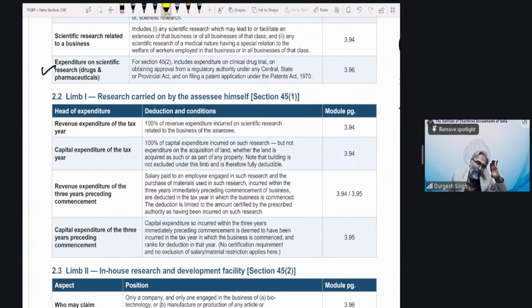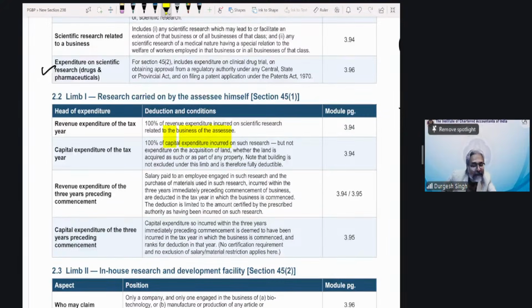But when it comes to the deduction of capital expenditure on scientific research asset, the deduction is allowed merely on the basis of incurring the capital expenditure. A mere incurring of the expenditure will be sufficient enough.